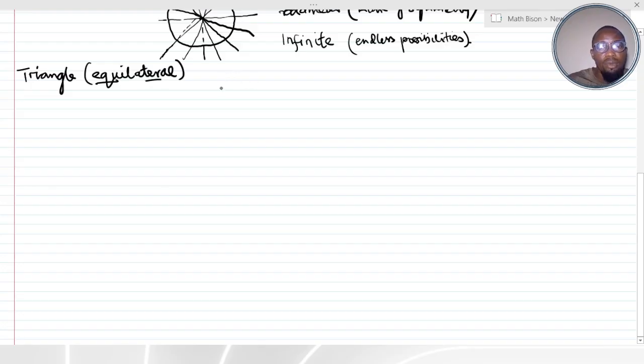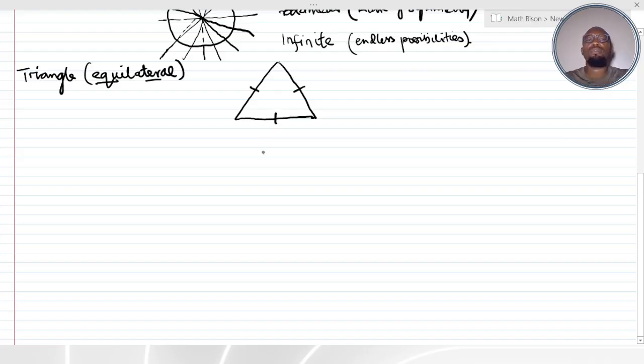The type of triangle that has all its sides equal. So we mark the sides this way to show that they are all equal. Now the lines of symmetry in an equilateral triangle, let's try.